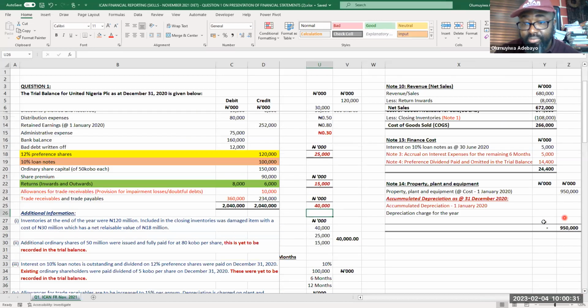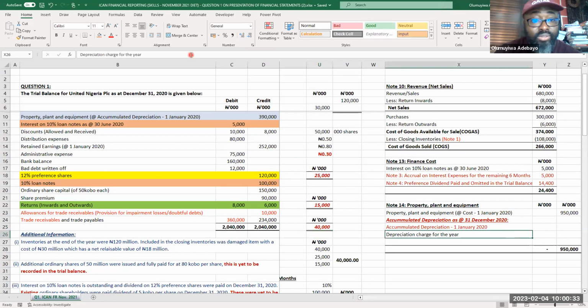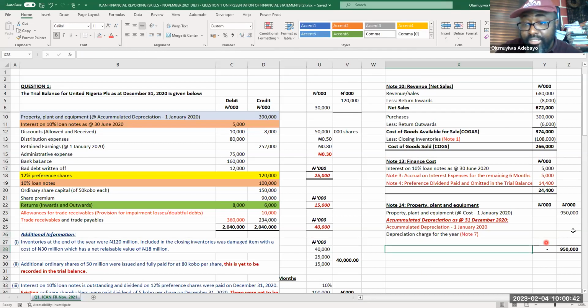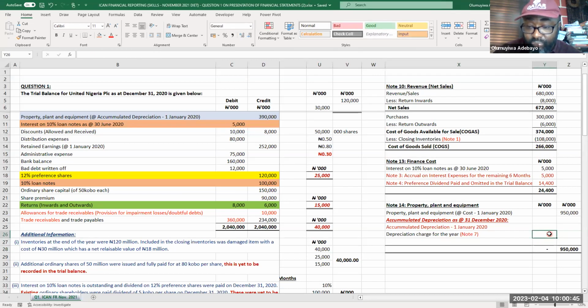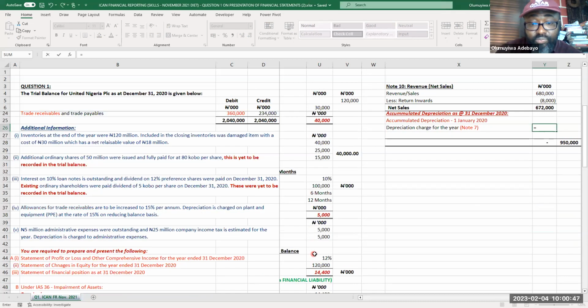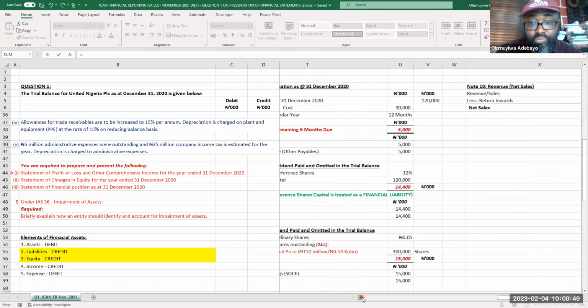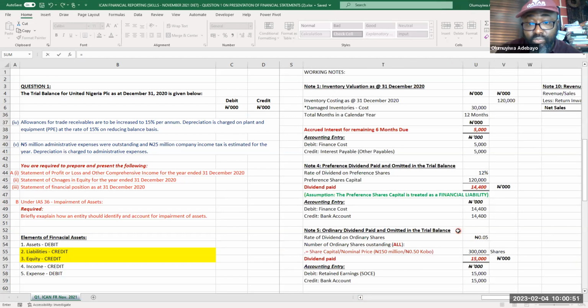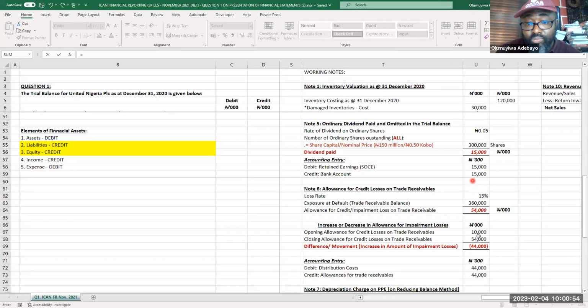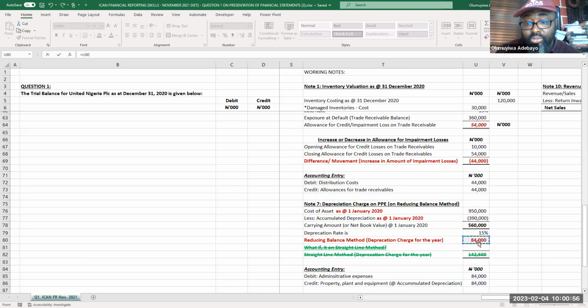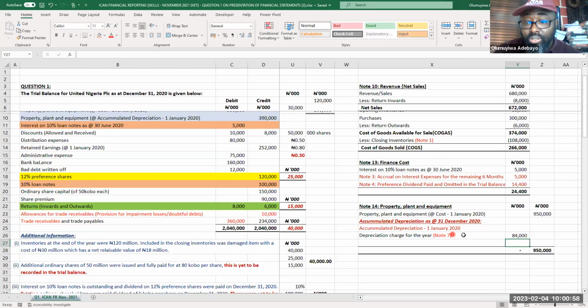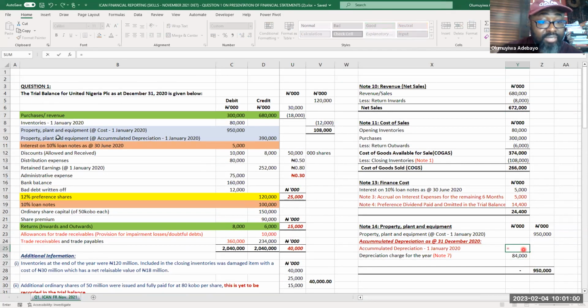Note 7, 84. Okay, our opening is from our per balance, which we have here 390.